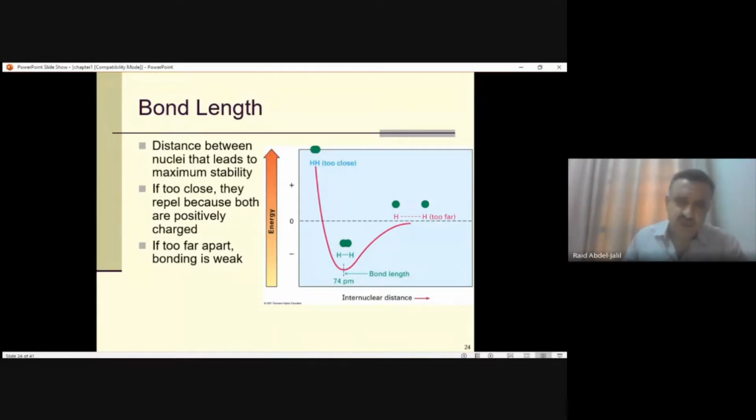Therefore, the total attraction forces of the system will increase. As we explained in the previous lecture, when the attraction forces increase, the energy starts to drop.